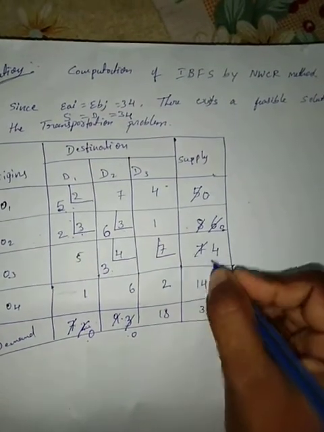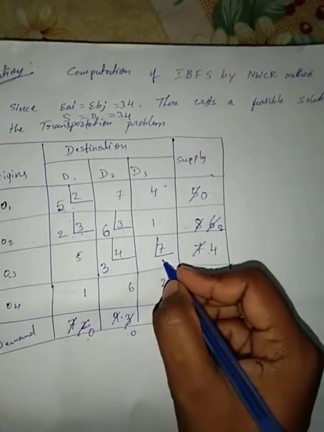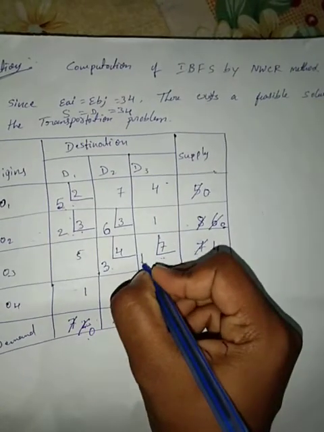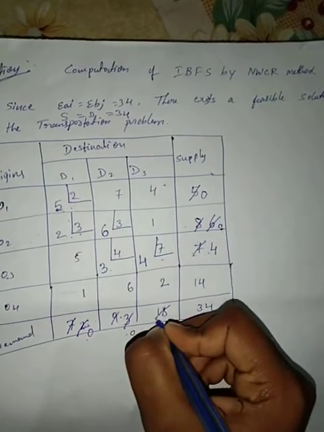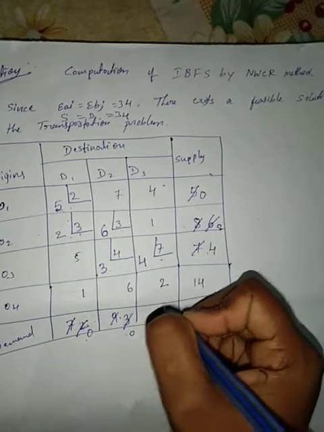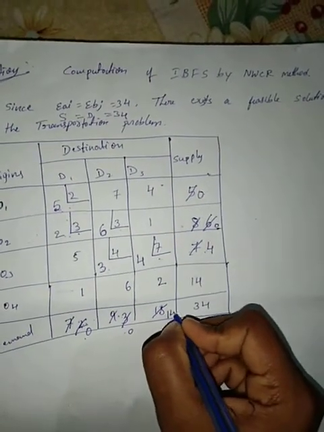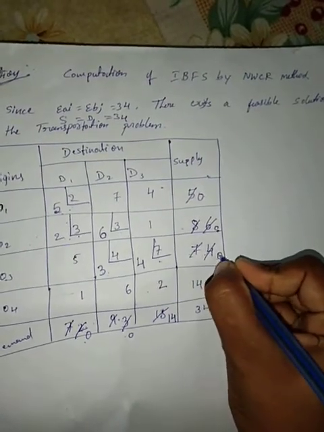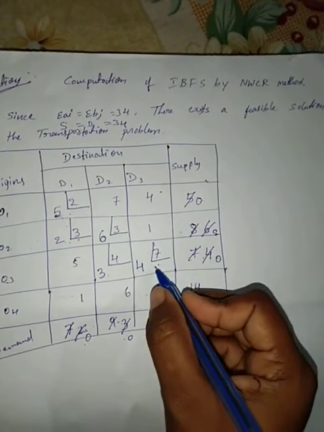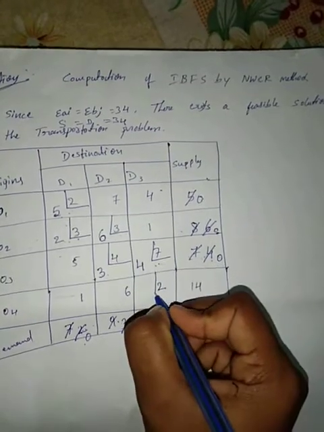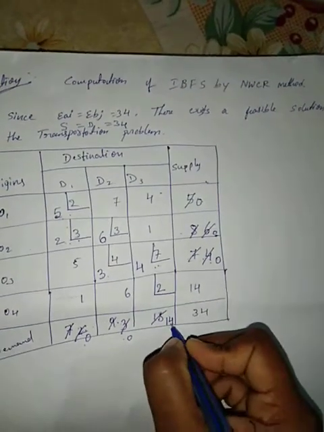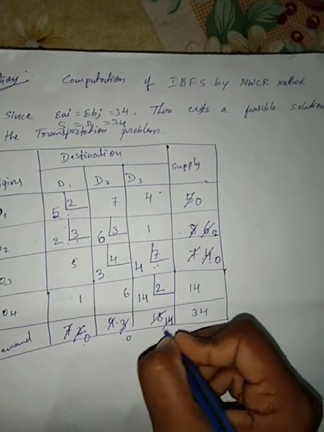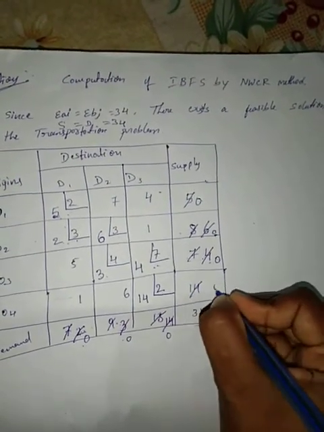4 and 18 are the rim values for this allocated cell, and 4 is the minimum value. So here 18 minus 4 I get 14, and 4 minus 4 is 0. If allocation is equal to supply, then we move vertically down. 14 and 14, so the supply and demand both are satisfied.